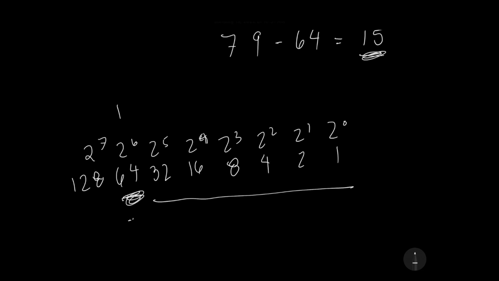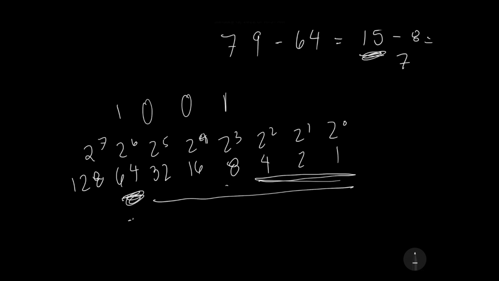Now 32 is bigger than 15, so we can't use this. 16 is also bigger than 15, so we can't use this. But 8 will fit into 15, so we can use this. So now we're going to do 15 minus 8 equals 7. And now we need to use these remaining digits to fill in 7.